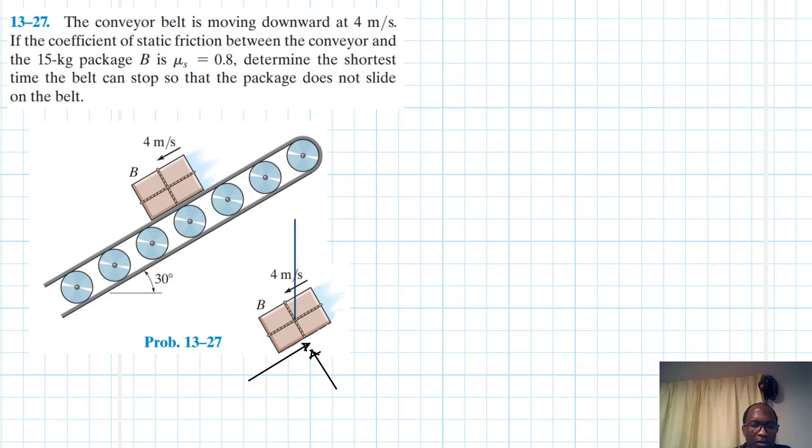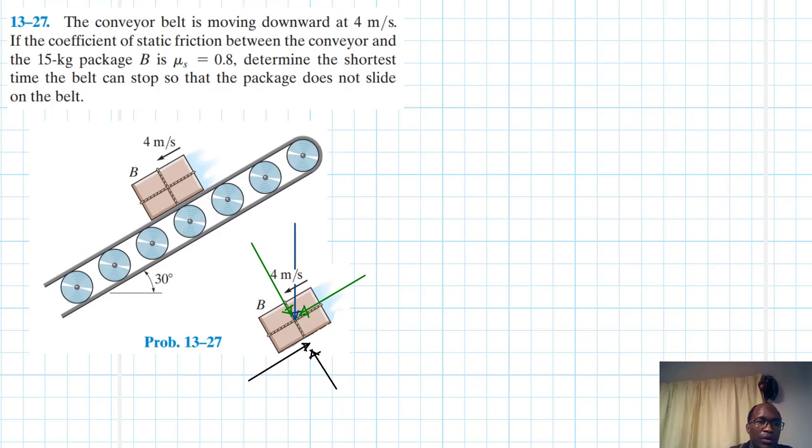And then let's say we have our weight, and then we have components. One component in this direction, one component in this direction, and then we have another component in this direction.